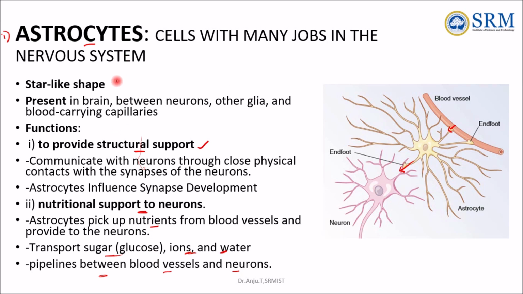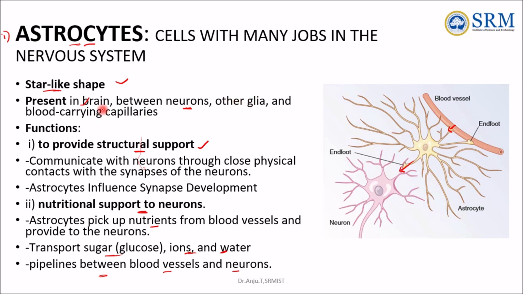If you take the structure of these astrocytes, they have a star-shaped structure, that is why they are called astrocytes. And where do you find these cells? You can find them in the brain, between the neurons, between other glial cells and the blood-carrying capillaries.